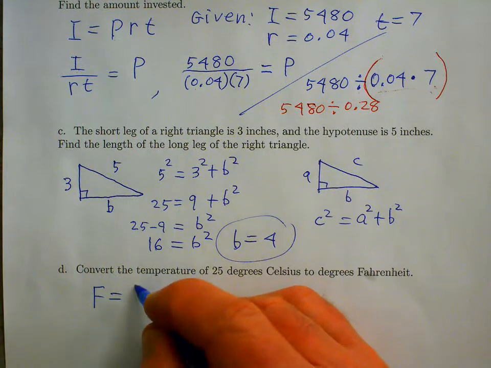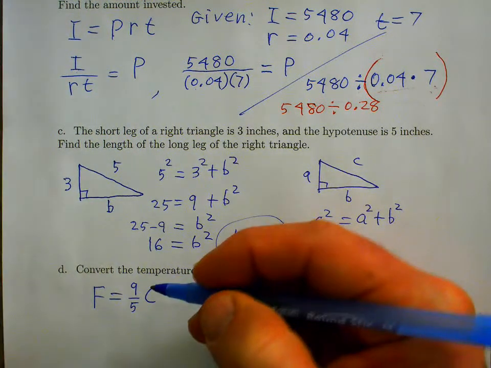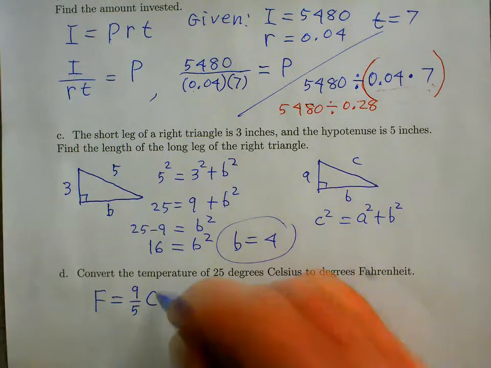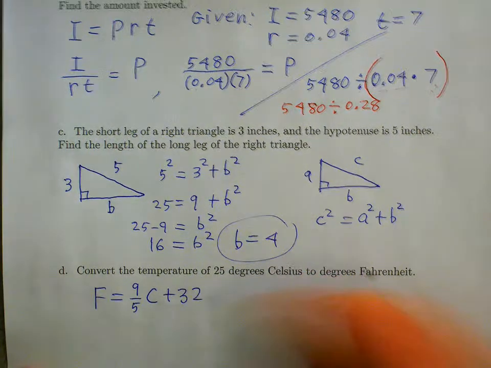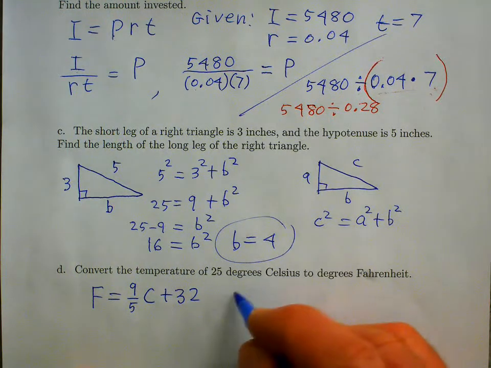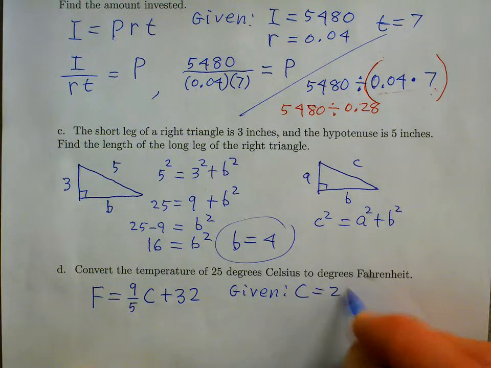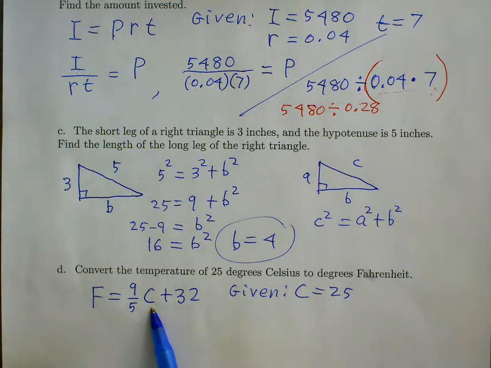The formula is F equals 9/5 C plus 32. We're given that C equals 25. So we just replace C with 25 and do the arithmetic.